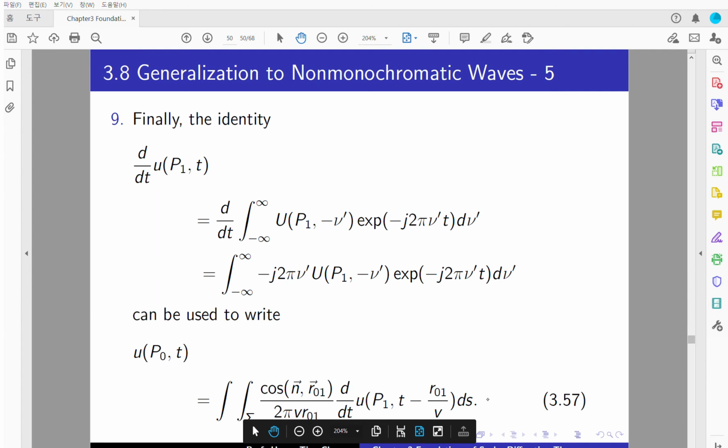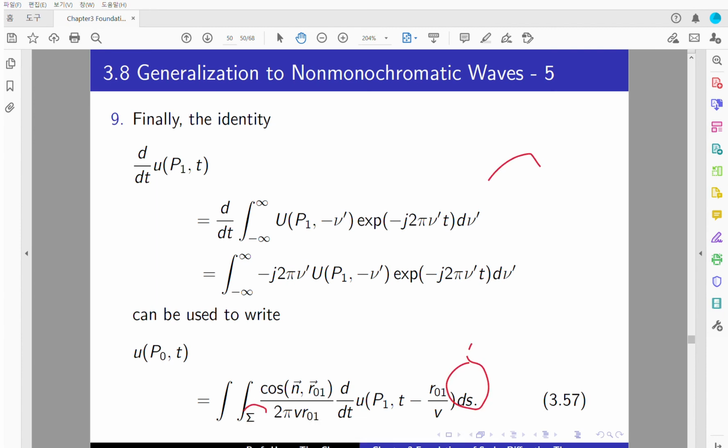Once again it is a spatial integral over the aperture in the same form with some kind of directional cosine, but the time dependence is now included for different frequencies by this one. Okay, so this is the most compact expression for non-monochromatic waves.